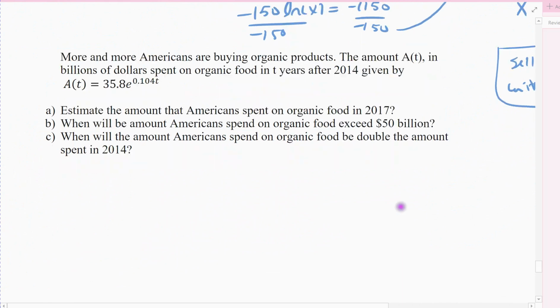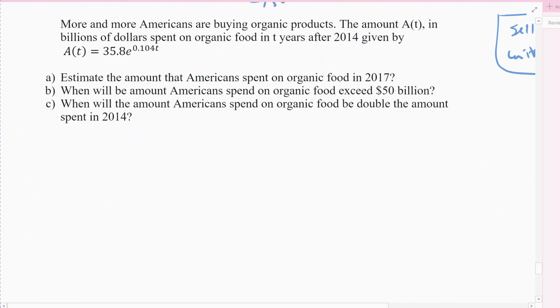Now the second one, the last one for this set of notes. We've got Americans paying for organic products, right? A of t is in billions of dollars spent on food t years after 2014. What that means is 2014 is time 0, which means 2015 would be 1 year later, and so on.